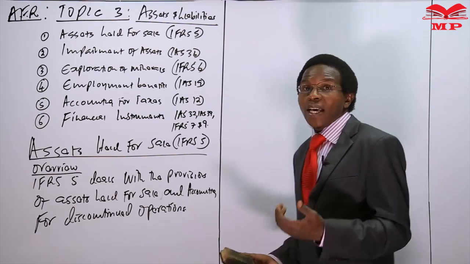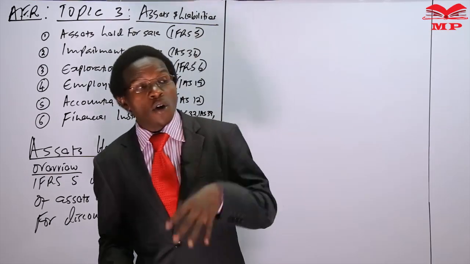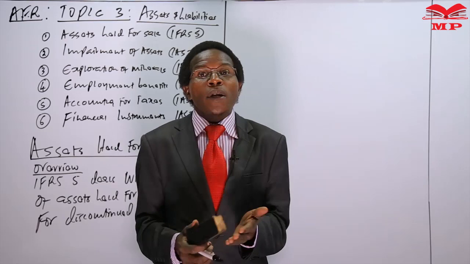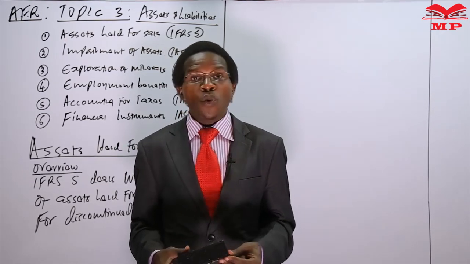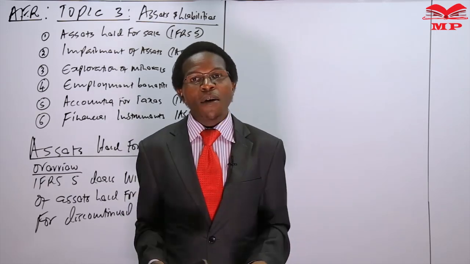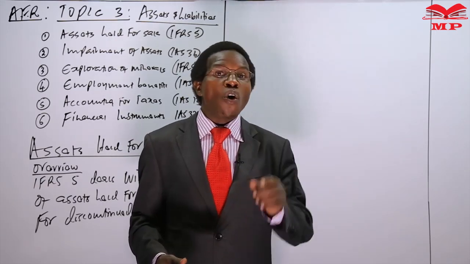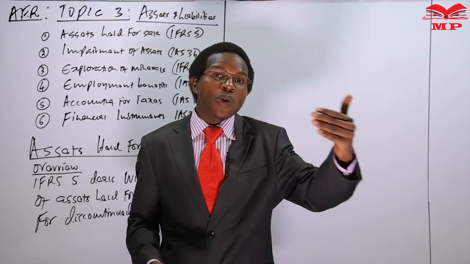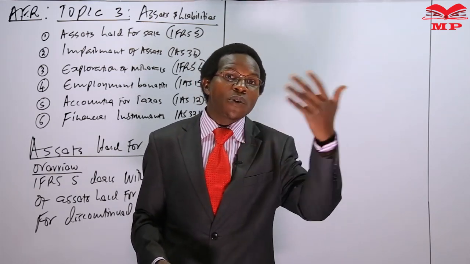Now, assets held for sale arise at the point where a firm decides to sell some non-current assets. Maybe they want to do away with the land or the building.